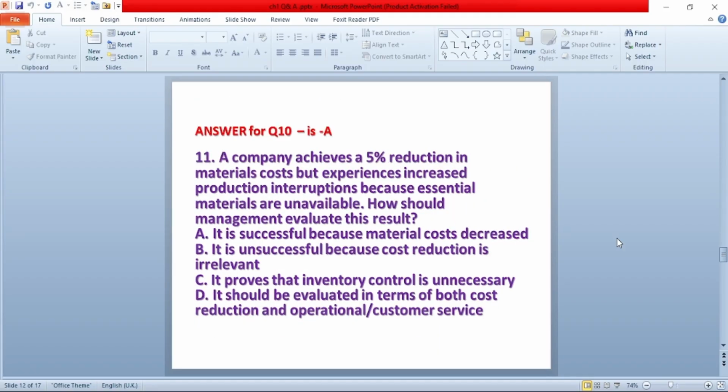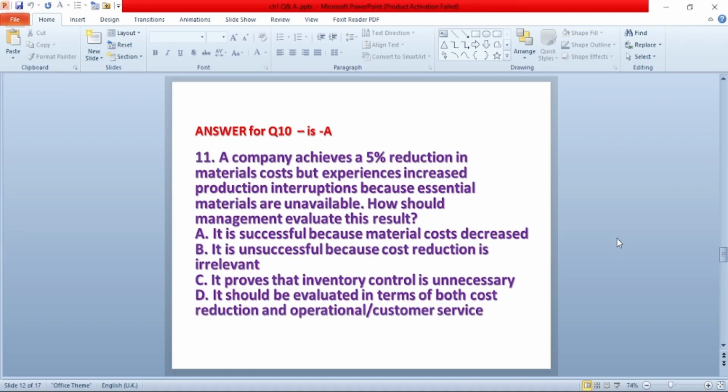Question number 11. A company achieved a 5% reduction in materials cost but experienced increased production interruption because essential materials were unavailable. How should management evaluate this result? A. It is successful because material costs decreased. B. It is unsuccessful because cost reduction is irrelevant.